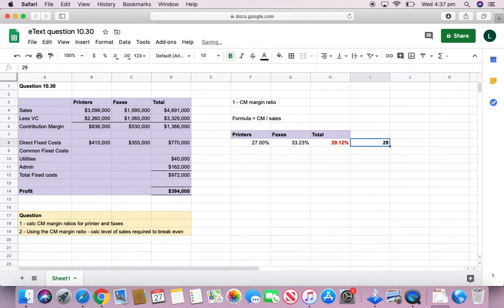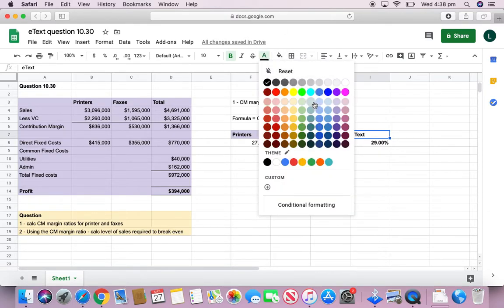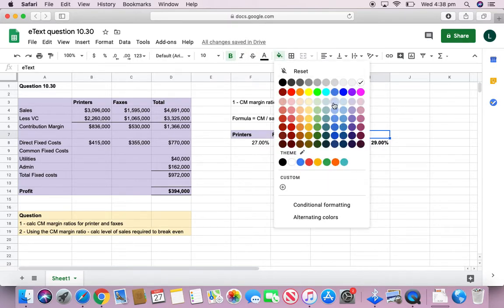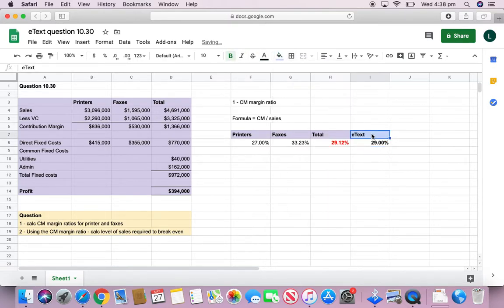We actually need to express this as a percentage because we're using Excel, so I'll go 0.29 and press percentage. So this is eText. You'll understand why I'm stating this. Who's more right? I'm going to say I'm more right. eText would like to think they're more right, but I'll give it its little background there. eText total.